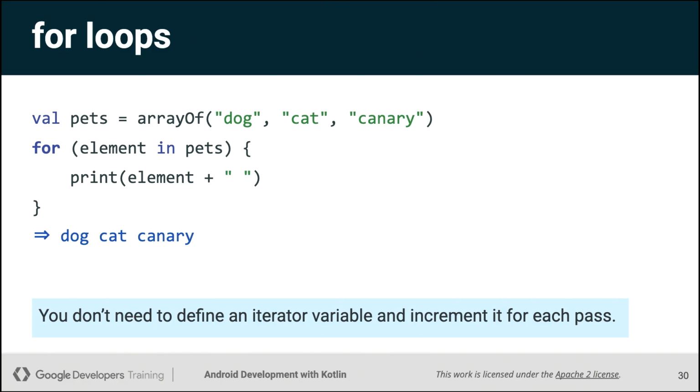Array of is used for compatibility. It has fewer features than list of. And lists are implemented by arrays under the hood. So in Kotlin, lists are as efficient as arrays. So there's no point in using arrays because lists have more features, unless you need to be compatible somehow with libraries.